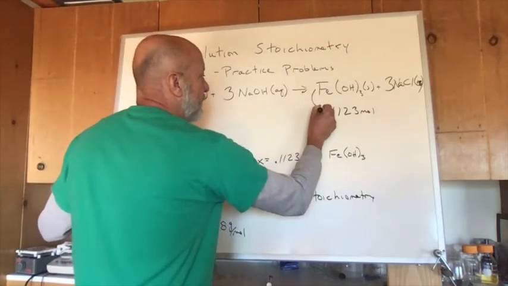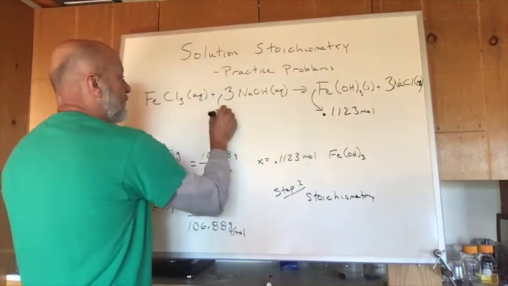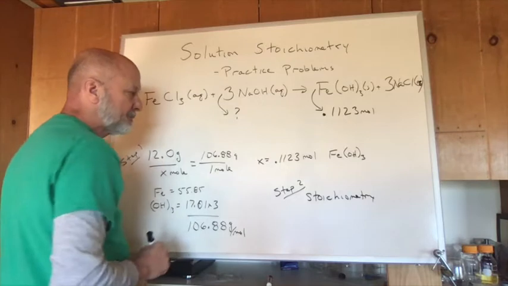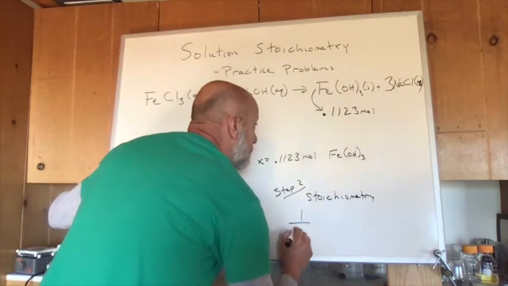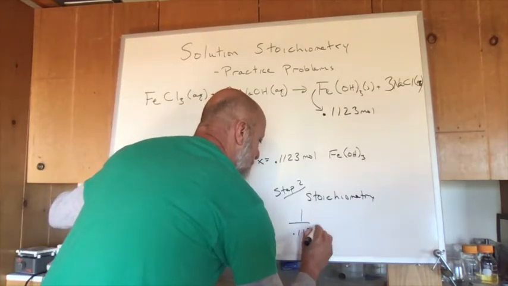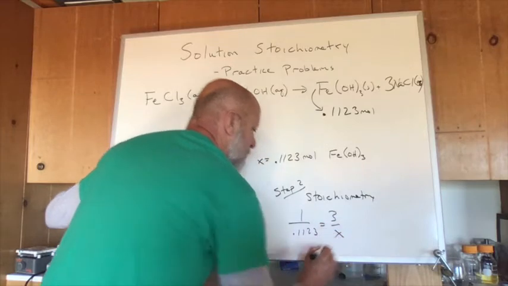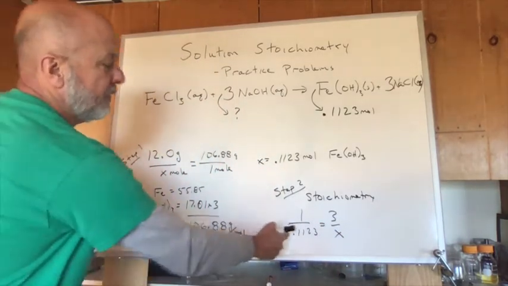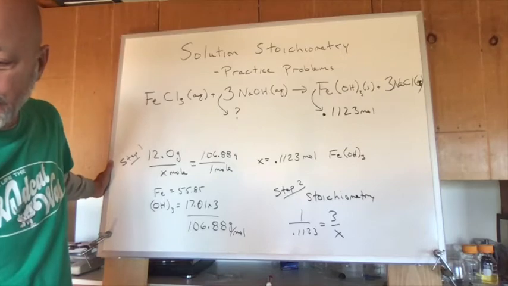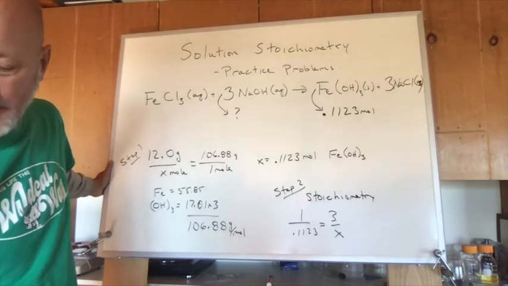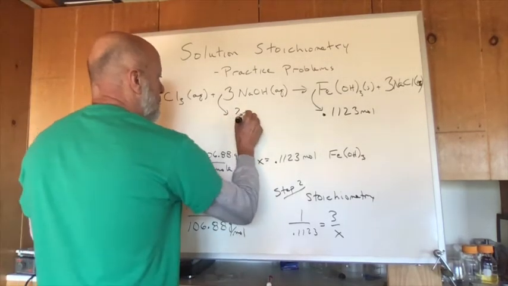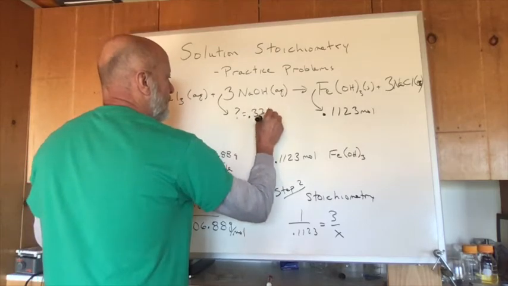Now I go 1 is to 0.1123 as 3 is to x. Okay, so x is 3 times that. So 3 times 0.1123, and I get 0.3368.